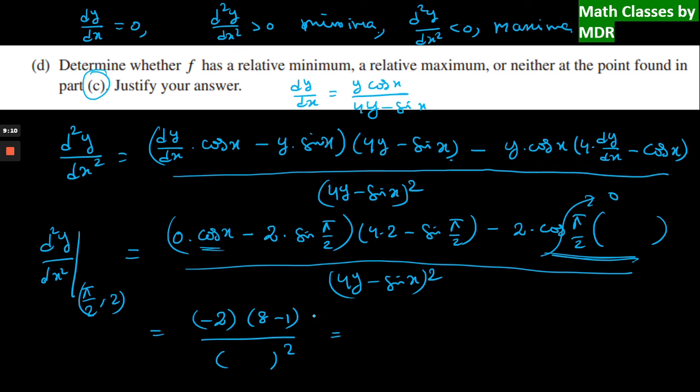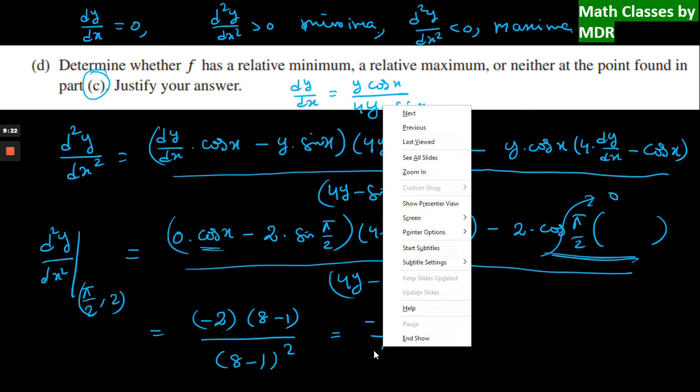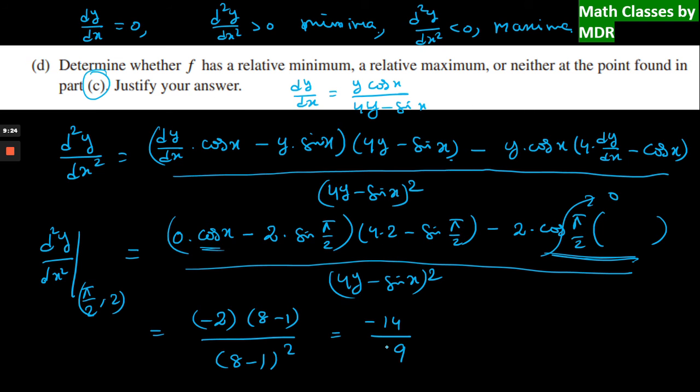Therefore, we have minus 2 into 7, so minus 14 by 8 minus 1 whole square, that is 49. So minus 14 by 49 is negative, that is less than 0. So when we have dy by dx equal to 0 and d square y by dx square less than 0, it means that it has a relative maxima.